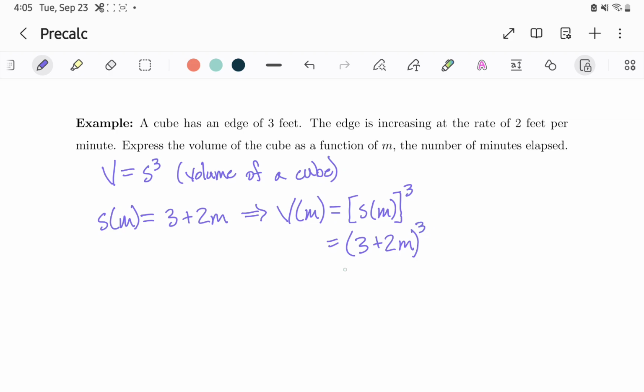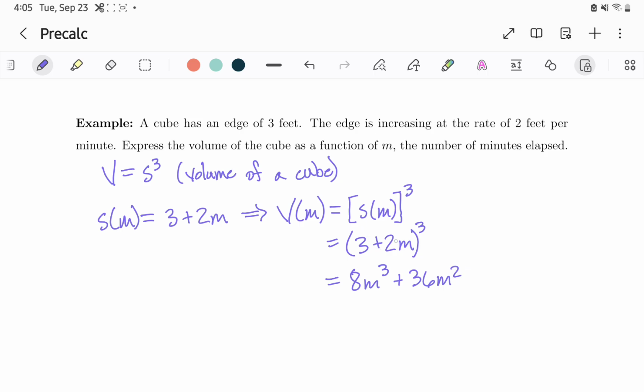And if we wanted to expand this out, let's see here. So we would have 2m cubed, which is going to be 8m cubed. And then we would have 2 times 2 is going to be 4, times 3 is going to be 12, and then times 3 again is going to be 36, so plus 36m squared.